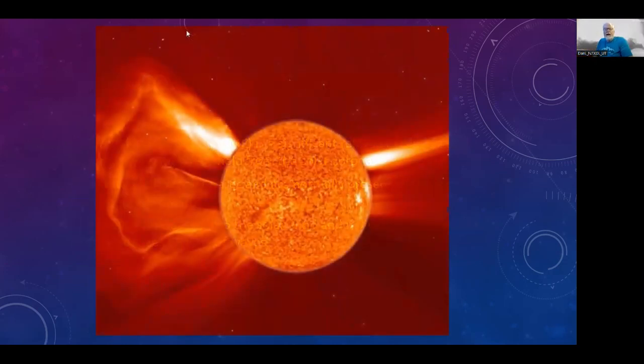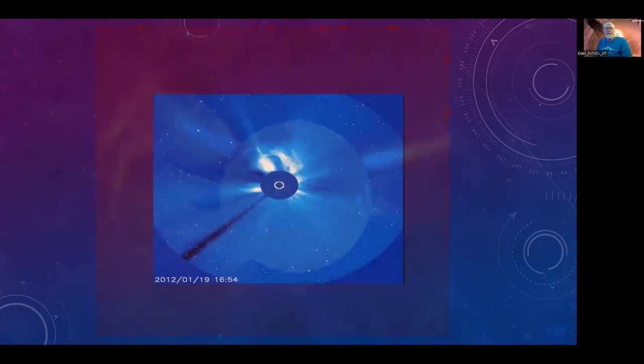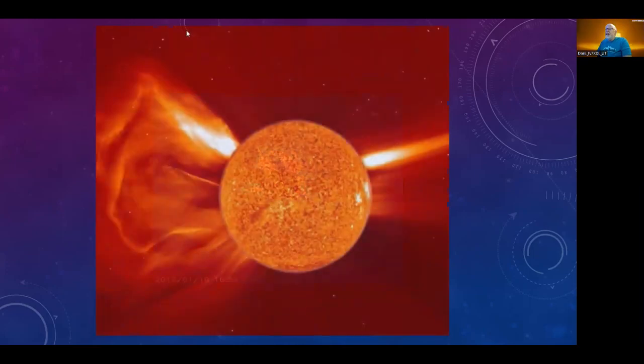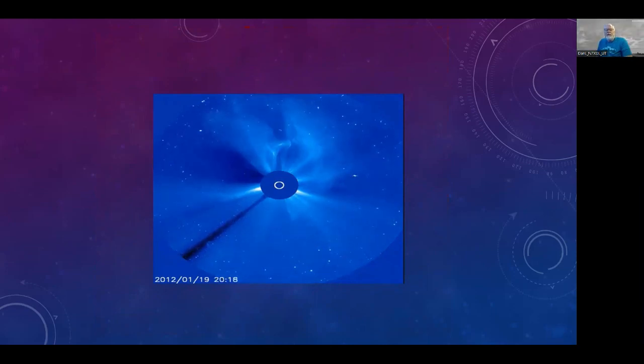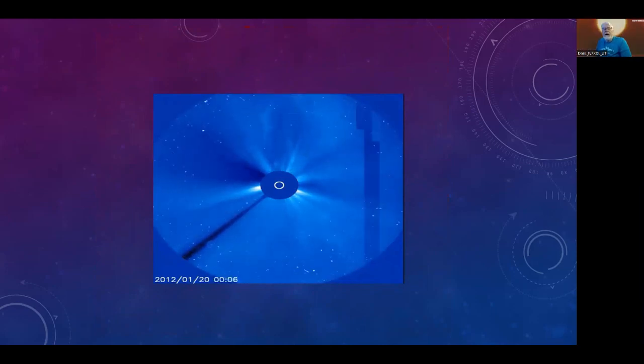Here's a picture of a coronal mass ejection that's going on. Fortunately, it's shooting off to the left of us. We like those type of CMEs. And here is an actual video of the sun giving off a coronal mass ejection.